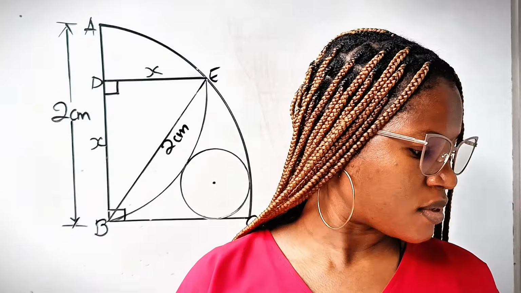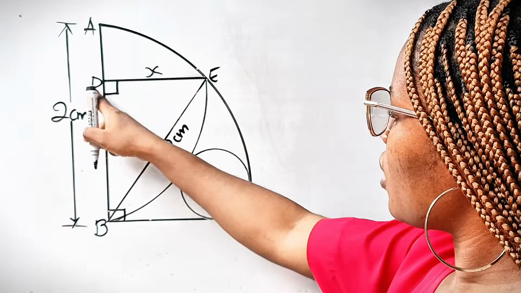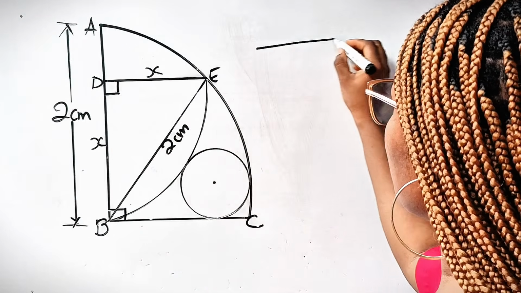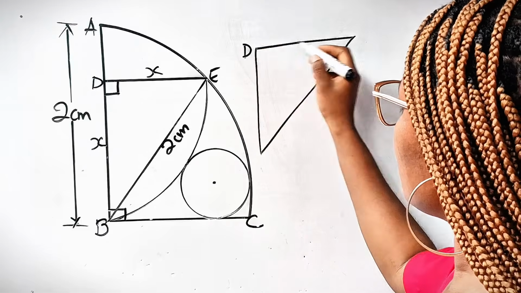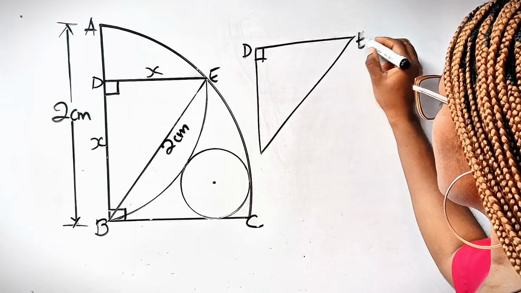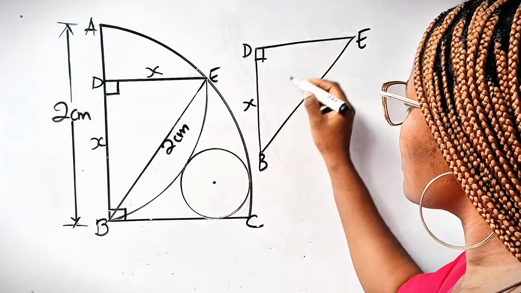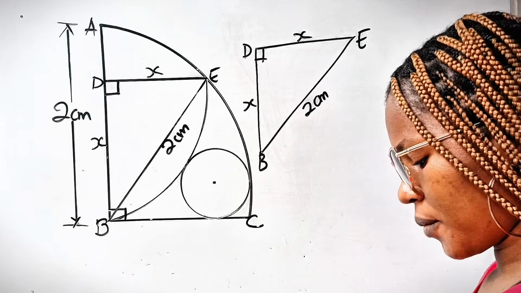Now let us consider triangle BDE. We have triangle BDE. So this is D, right angled. This is E, and this is B. So we have x here and we have x here, and this is 2 cm.